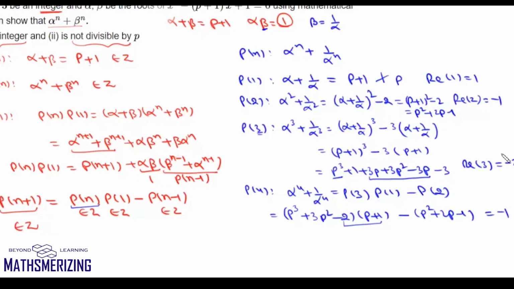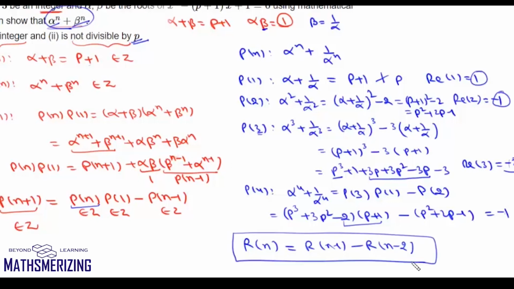If we continue the pattern, then we can write the remainder of any power n will be Rn-1 minus Rn-2. So minus 2 minus (minus 1) is minus 1, and minus 1 minus (minus 2) is plus 1. So in this way, we can write all the remainders for this given expression.